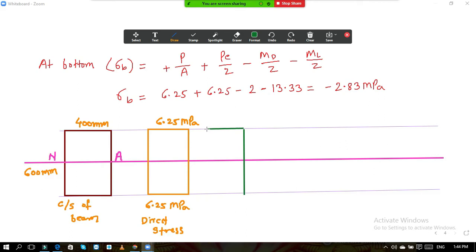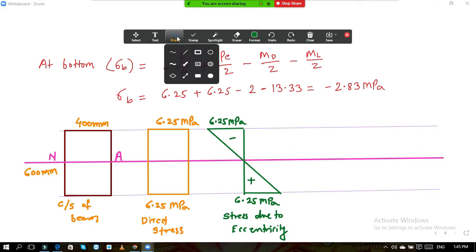So I will plot over here minus. So this is our stress due to eccentricity. And how much is this value? It is again 6.25 MPa. This is minus and this is plus 6.25 MPa, and this is the stress due to eccentricity.